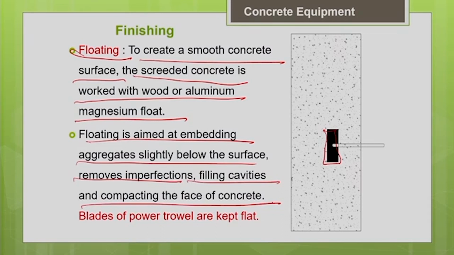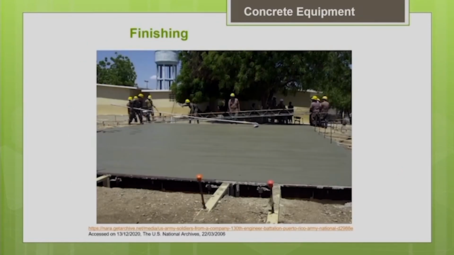When you do the floating job, always keep the blade flat. You can do it manually using simple tools like a wooden float or metal float, or there are also machines available, which we will discuss later. This picture again shows how the finishing operation is done with simple tools.